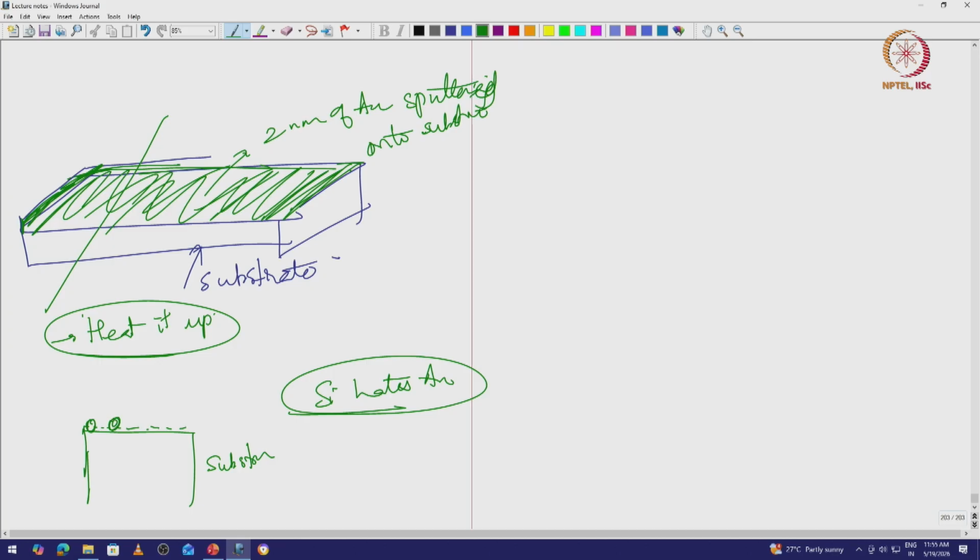We'll look at this when we look at surfaces. So gold cannot wet silicon. Instead of forming a continuous film, gold forms these droplets, which do not wet silicon completely. The contact angle is quite large.